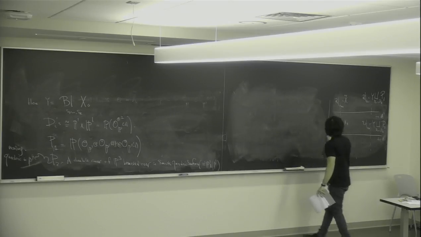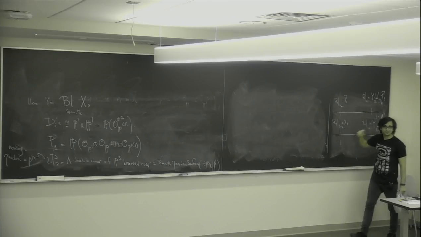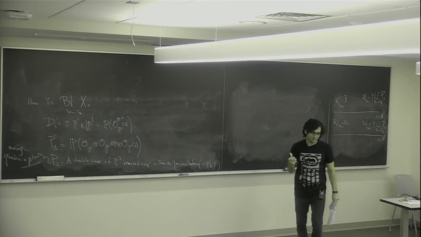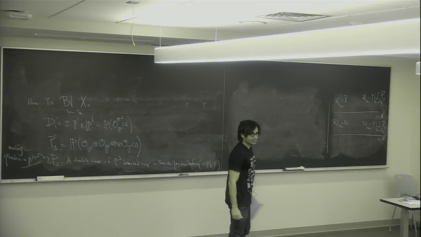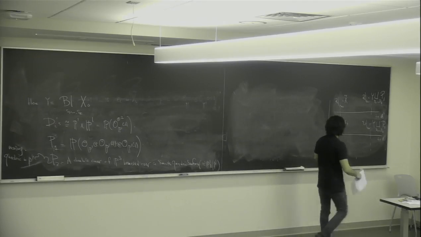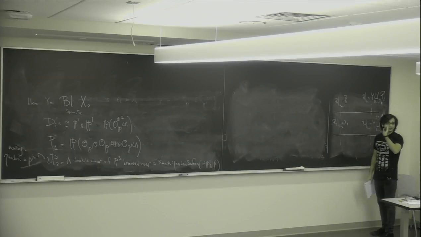Who knows what this degeneration is? You might realize it easily. This is just a degeneration to the normal cone of those Ei's, the rational curves.